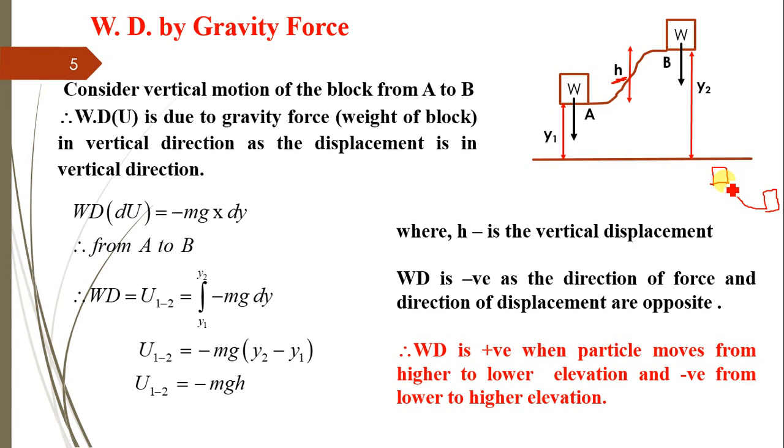In this case the force is in the downward direction, and the displacement is also in the downward direction, as both quantities are in the same direction. Therefore work done is positive when the particle moves from higher to lower elevation, and vice versa, in the case of the particle moving from lower to higher elevation, work done is negative, as the direction of force and direction of displacement are opposite.